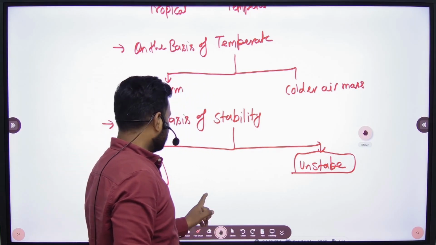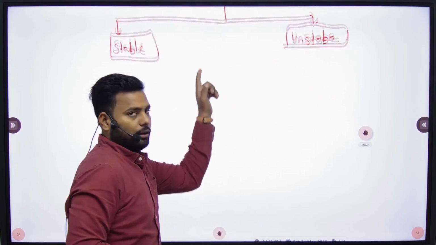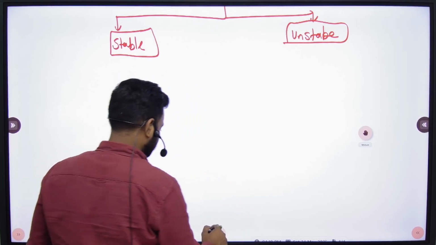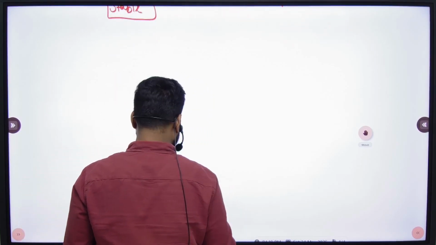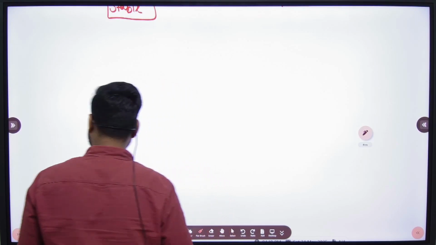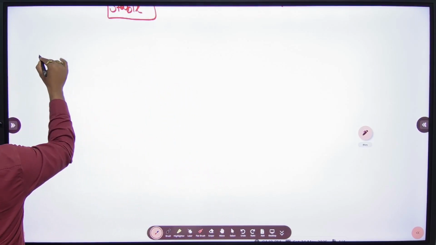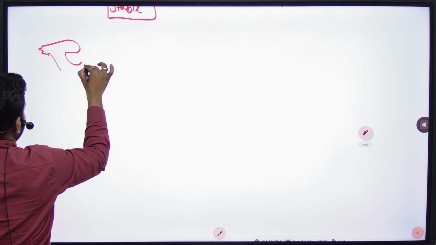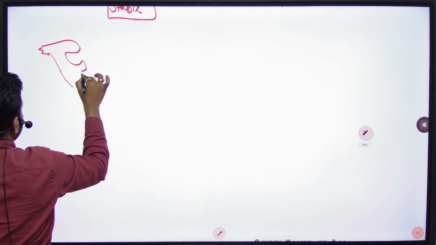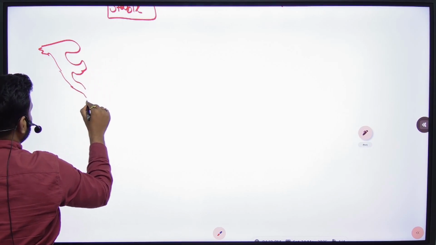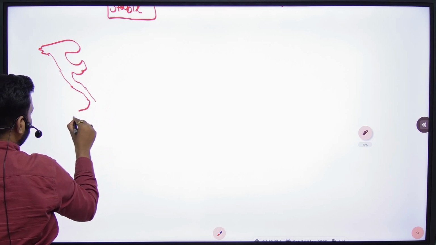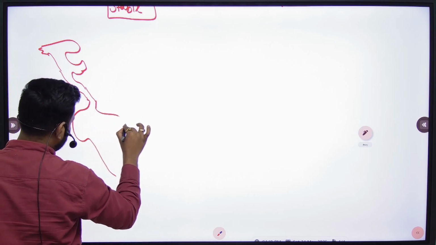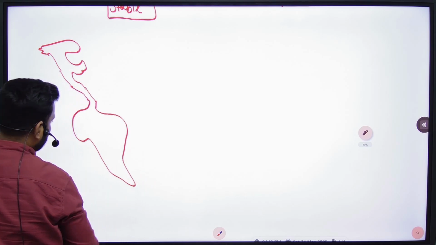So in this question we have done what is air mass and its type. Now with the help of a map, you should show the examiner the areas of air masses.